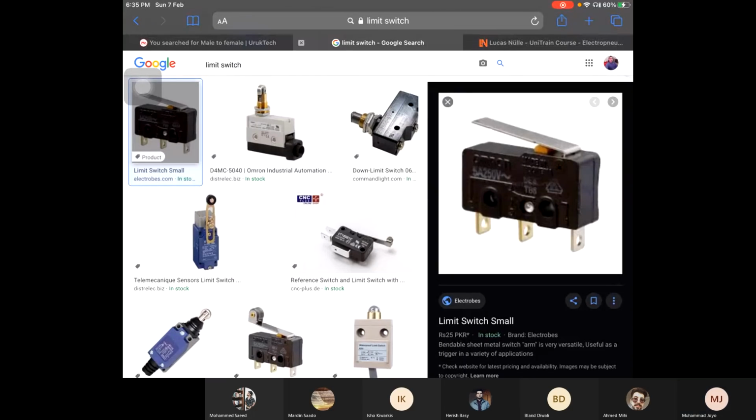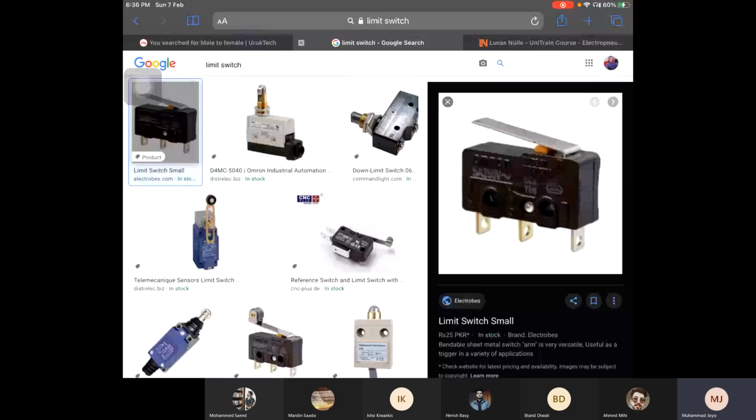This kind of limit switch has 3 pins, right? Common, normally close, and normally open. So the bar is connected to normally close. If you want to use a normally close, you will be using the second picture, and if it is connected in a normally open way, then you'll be using the first one, right?